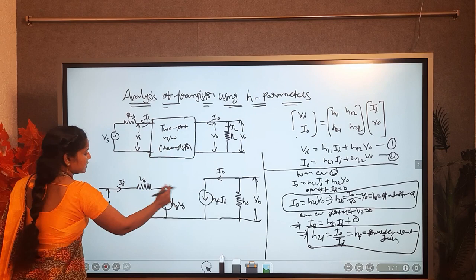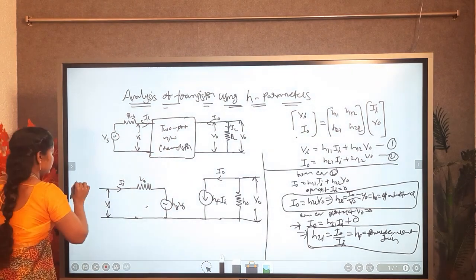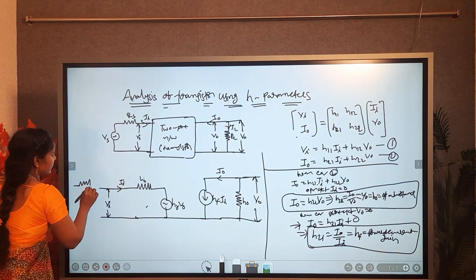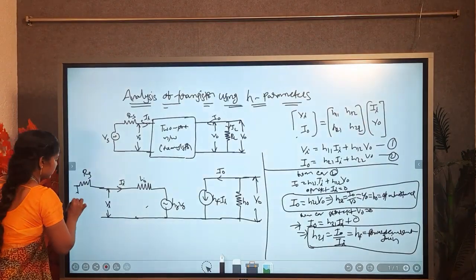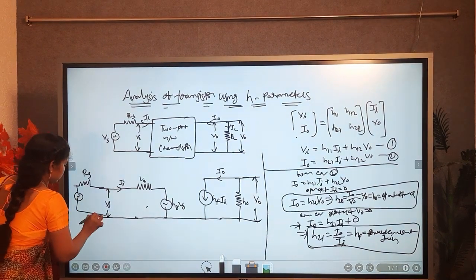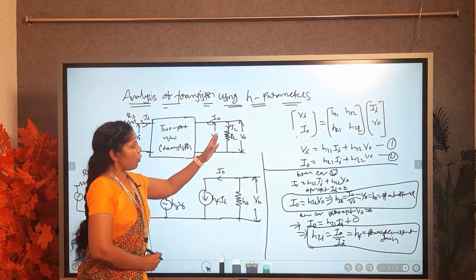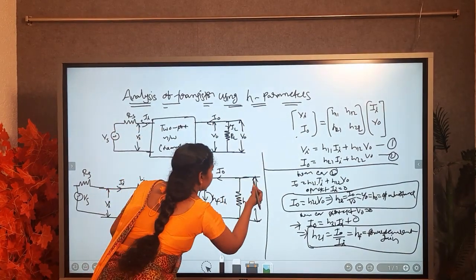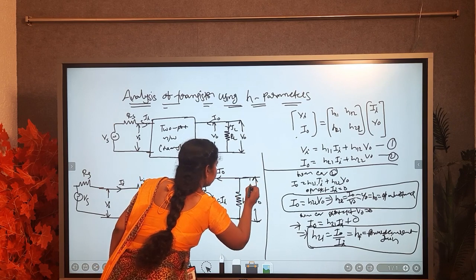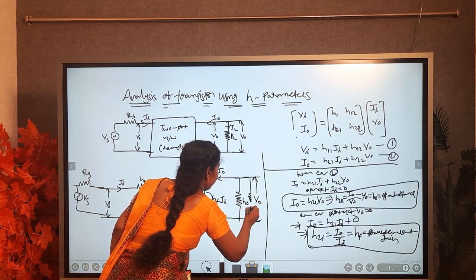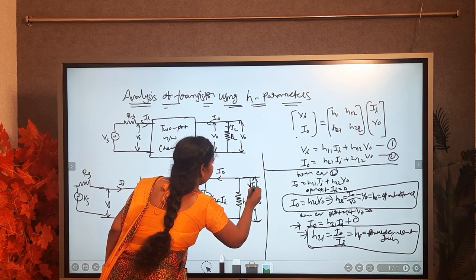This is the two-port circuit. Before that, we are introducing the resistance Rs as well as the voltage source Vs. After that, at the output part, we are introducing the resistance RL, the load resistance, through which IL flows.